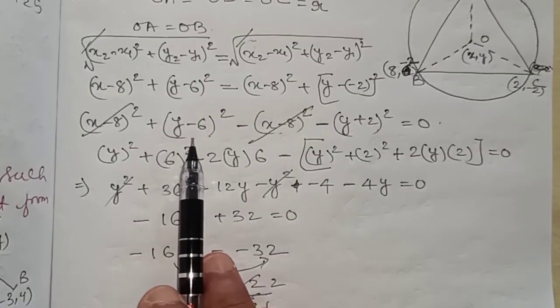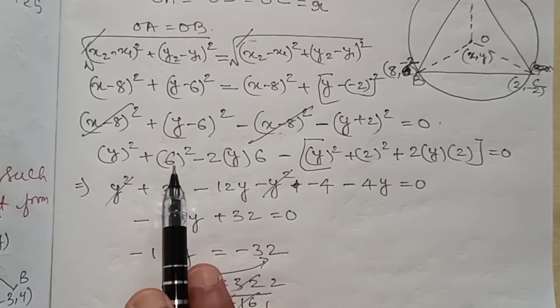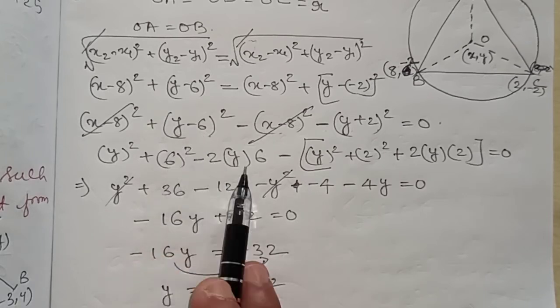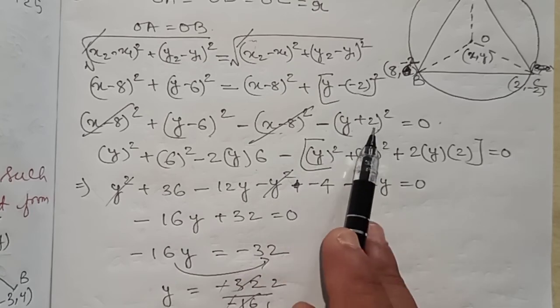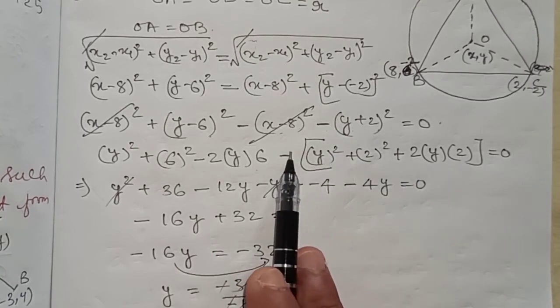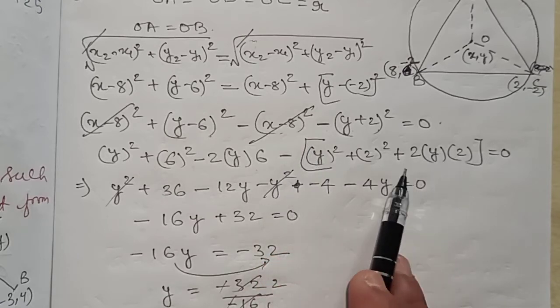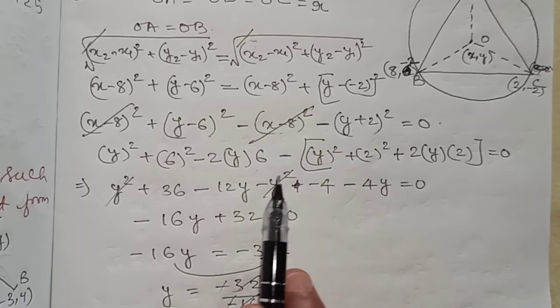We will use the formula (a minus b) whole square for this: a square plus b square minus 2ab, minus (a square plus b square plus 2ab). Write them inside the bracket because in front of them minus sign is there. This will be multiplied inside.